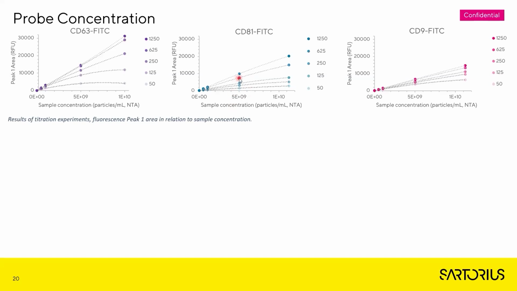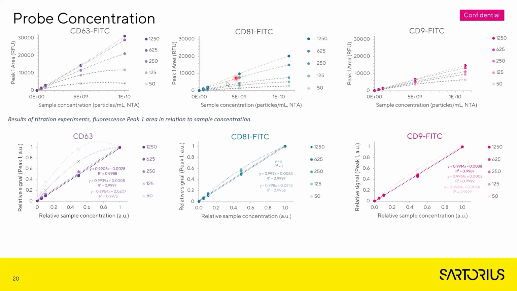Our experiments show, however, that relative signal intensity in relation to sample concentration becomes linear at much lower concentration, so reaching the saturation level of binding is not necessary to achieve a linear response.